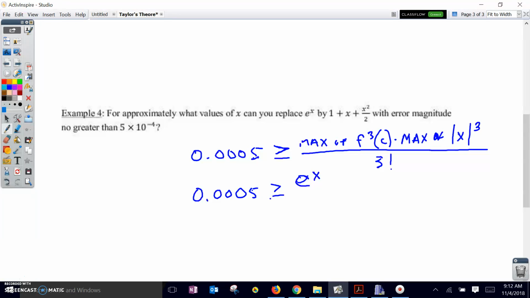The maximum value of the absolute value of x to the third, that's going to take on its maximum value at the endpoint. And all of that over 3 factorial. Okay, so we need to solve this inequality.